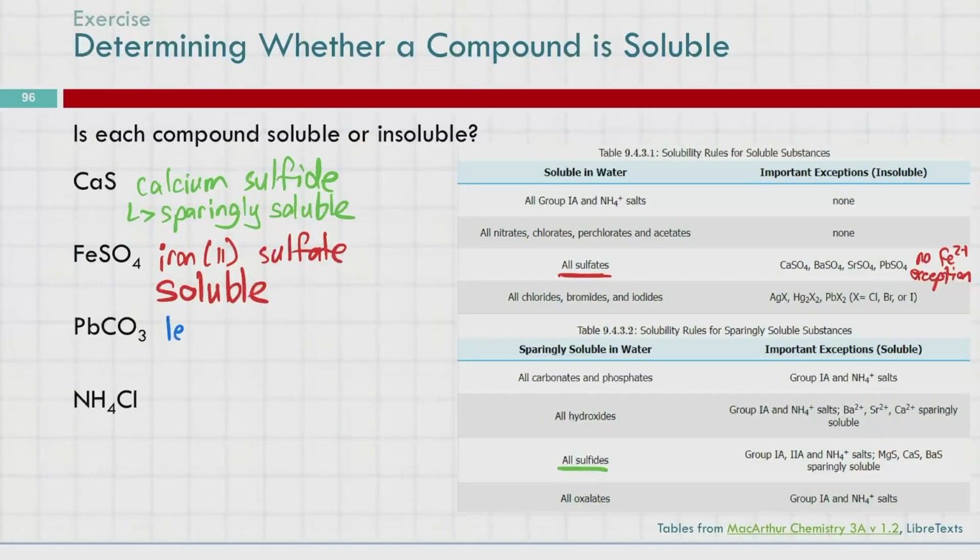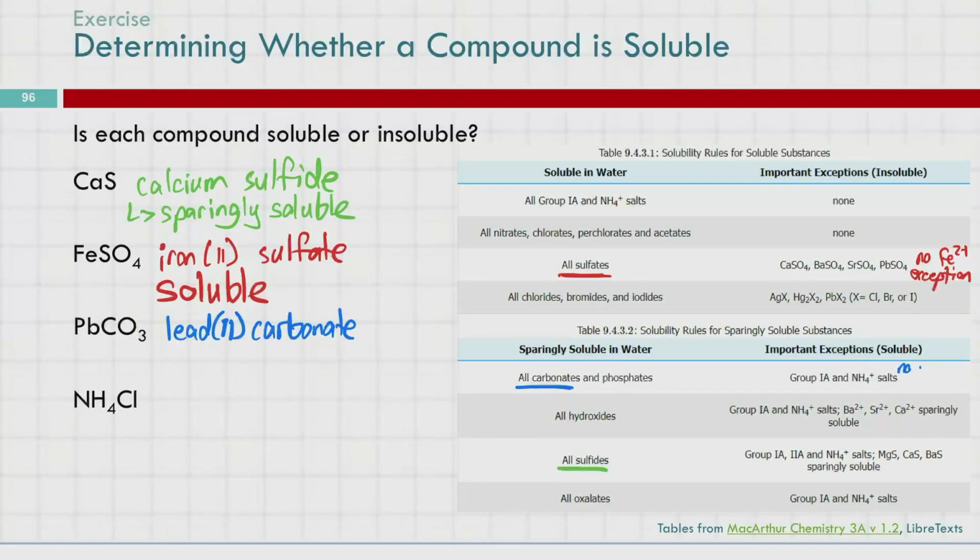Then we've got lead 2 carbonate. So we need to find lead or carbonates. A lot of the time it's the anions that are shown. So carbonates and phosphates show up in the sparingly soluble.